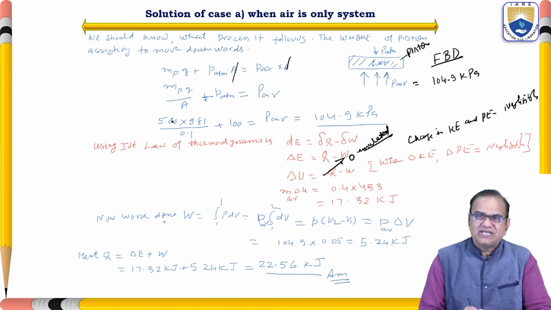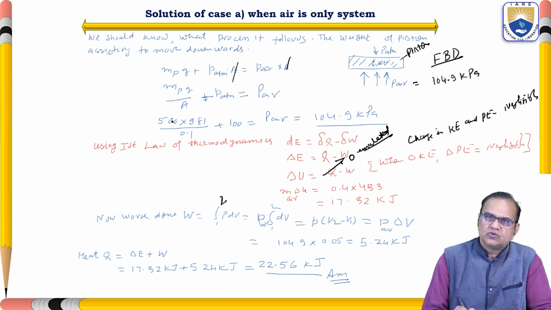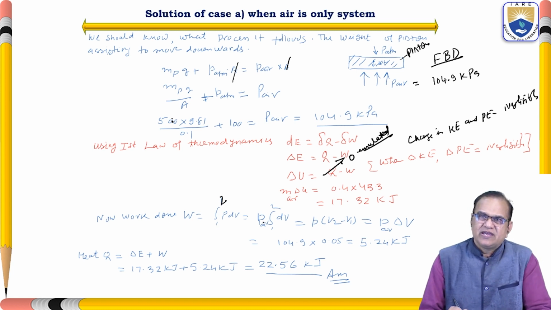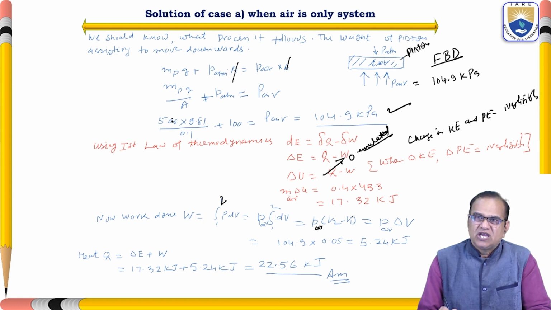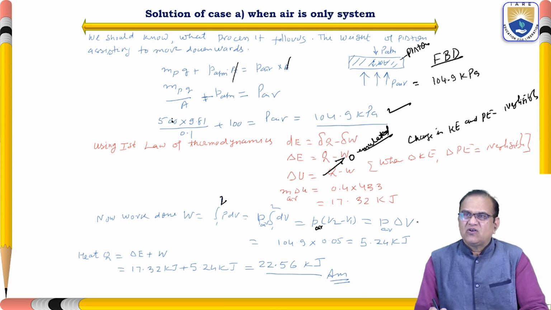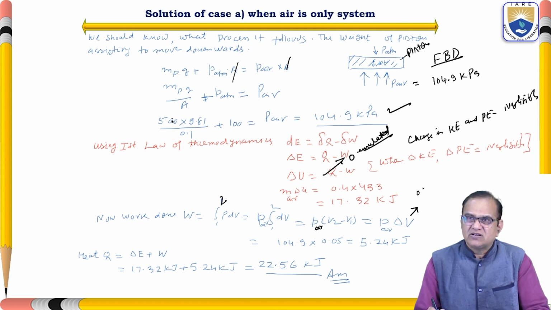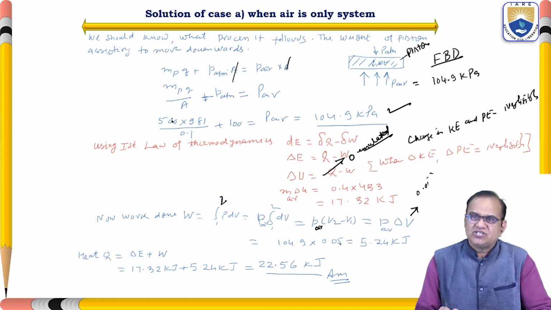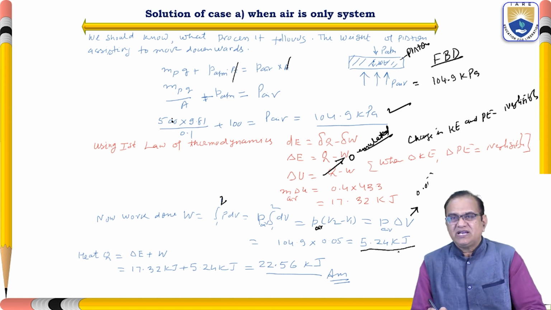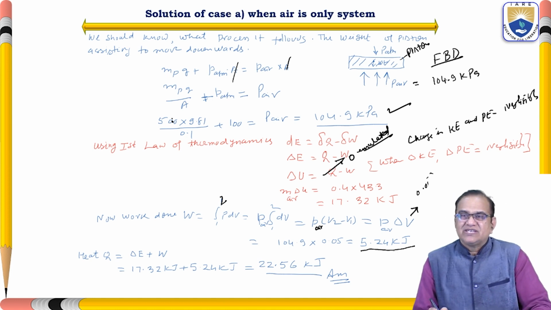Now the work done is equal to the integral from 1 to 2 of PdV. So P of air, which we have obtained, into the change in volume from 1 to 2, V2 minus V1. P of air times delta V, where delta V is 0.05 meter cube and P air we got 104.9. So 104.9 into 0.05, you will get 5.24 kilojoule. This is the work done by the system.